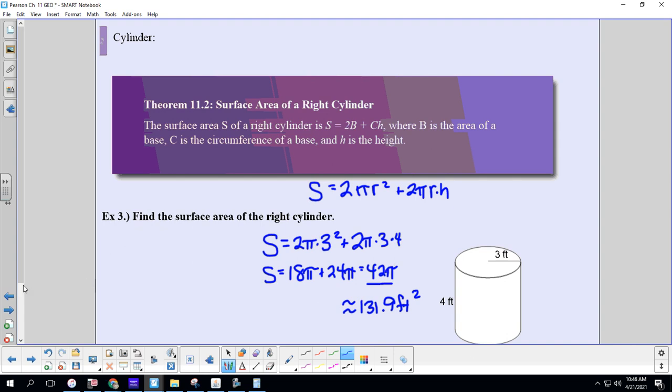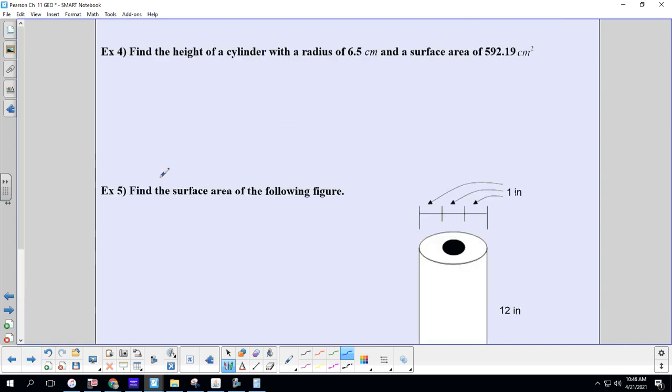Okay, on to example 4. Find the height of a cylinder with a radius of 6.5 and a surface area of 592.19. So we're going to take the surface area formula, plug in 6.5 for the radius, and plug in 592.19 for the surface area.